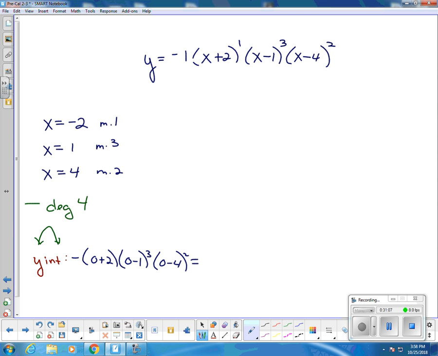So the negative's out here, it's just going to stay out here. So we have 2, -1 cubed is -1, so that's -2 times positive 16, so that's -32, times the negative in front gives me 32.